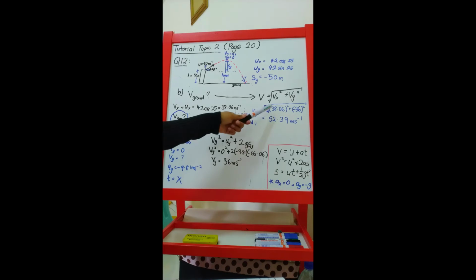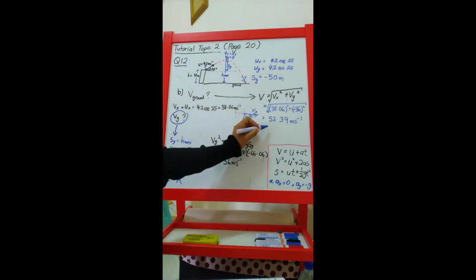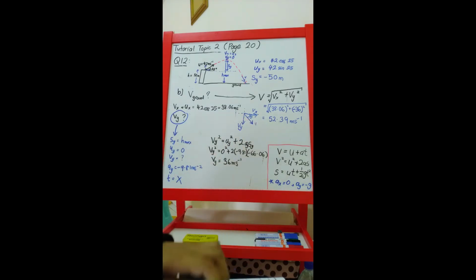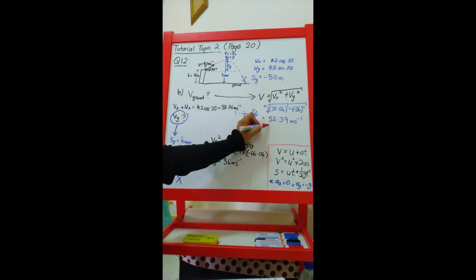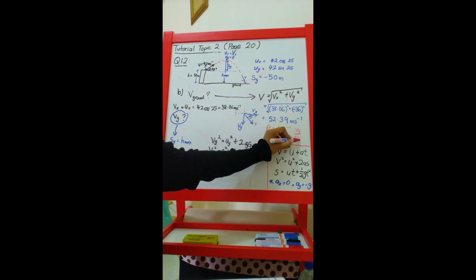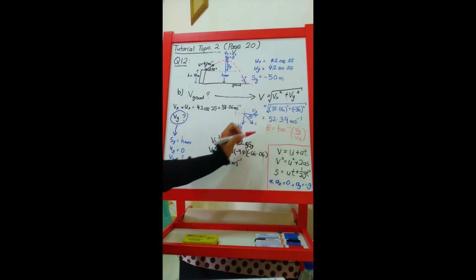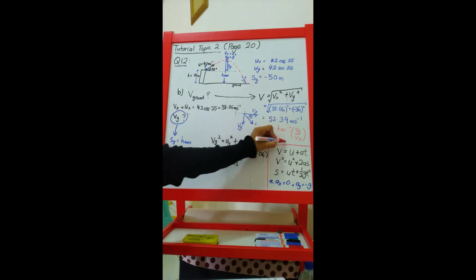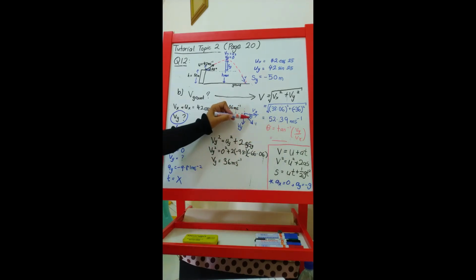Therefore you get this value, which is 52.39. You can also find the direction by using this formula. So we get that, and that will be the theta here.